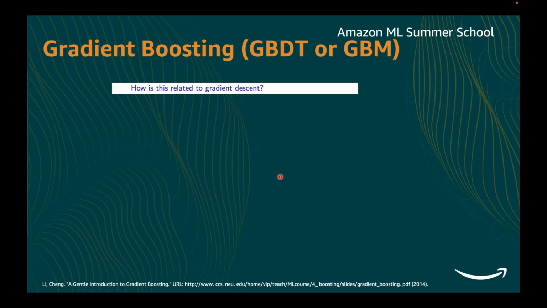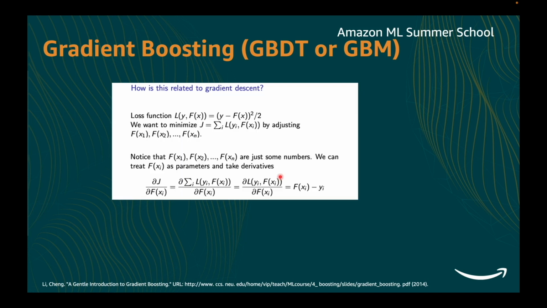So now let's discuss how this works, and why it's related to gradient descent, and why the gradient part comes in this boosting procedure. So like we said, we had the loss function, which is just over here, the squared loss, right? You're dividing it by 2, and this is a very okay thing to do. You can always scale your losses by any value.